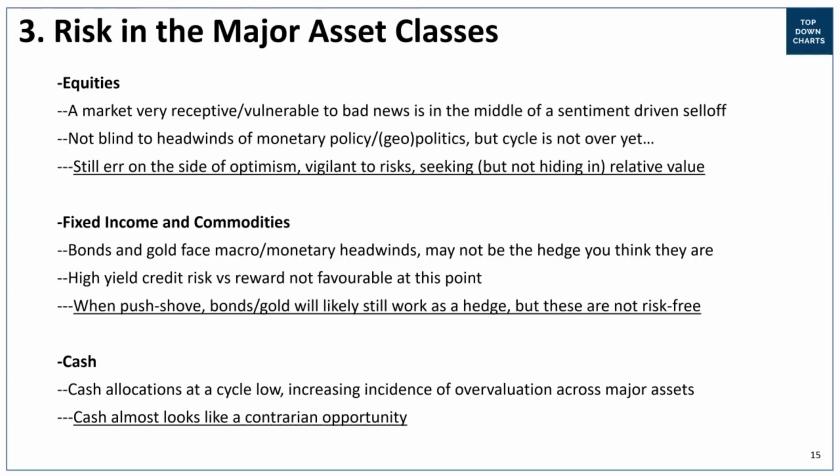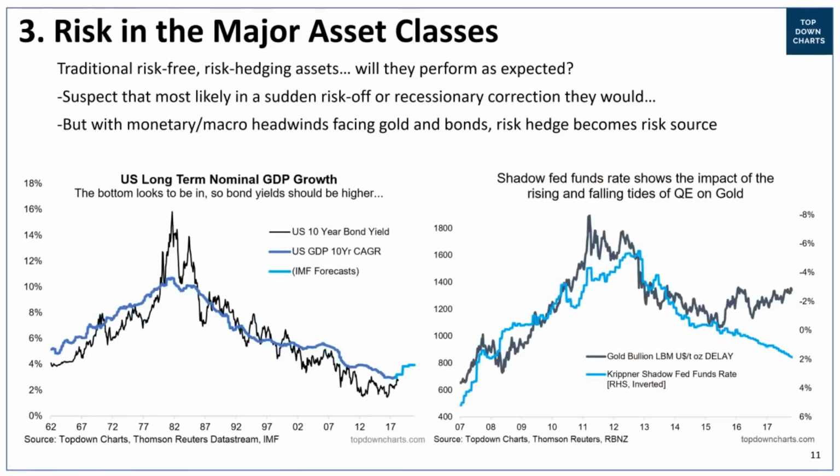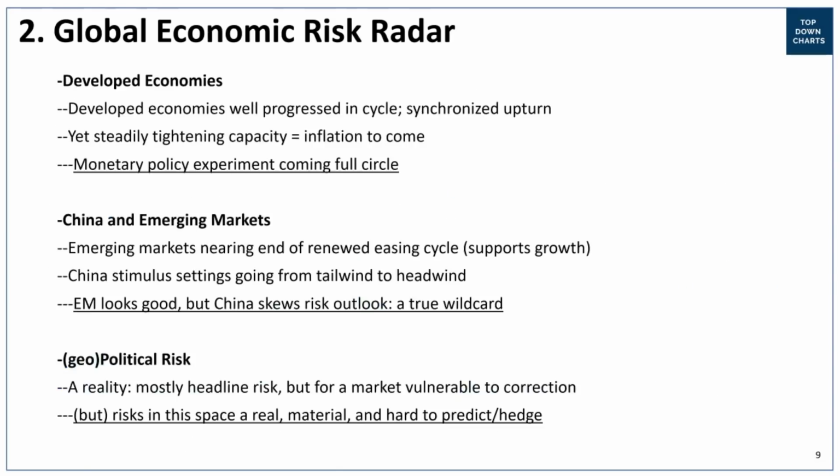Others have objectives to meet, and missing out on that last phase could be quite costly for some. But anyway, this is just a bit of a summary of where we're seeing the risks, opportunities across the major asset classes, and again, as I said, about the economic front as well.